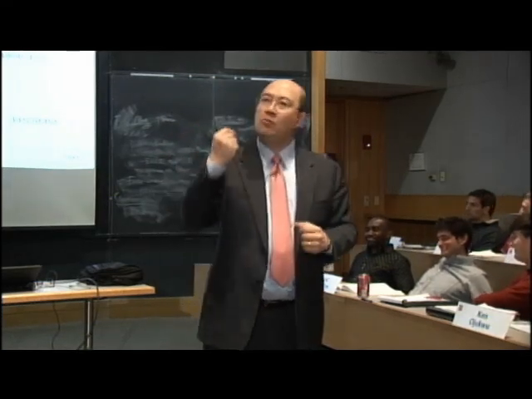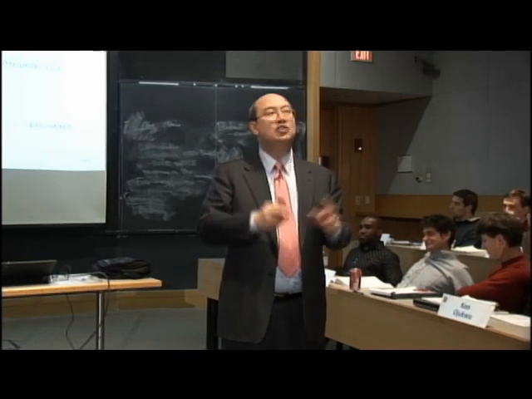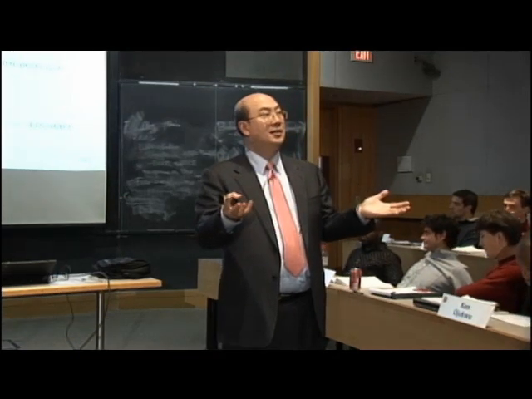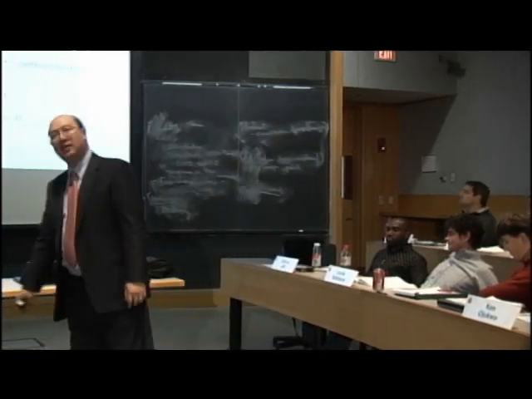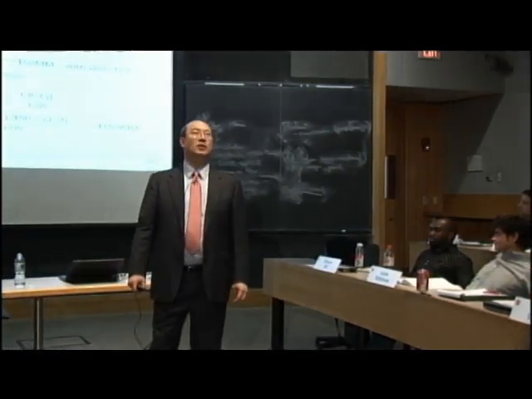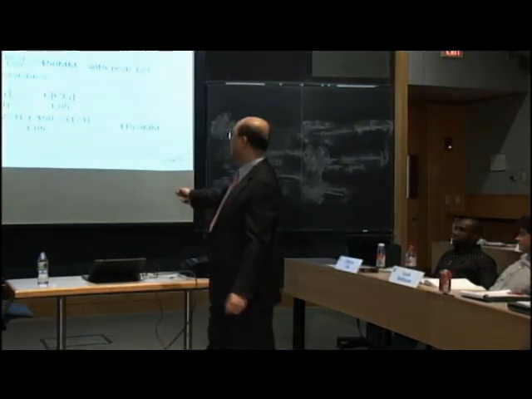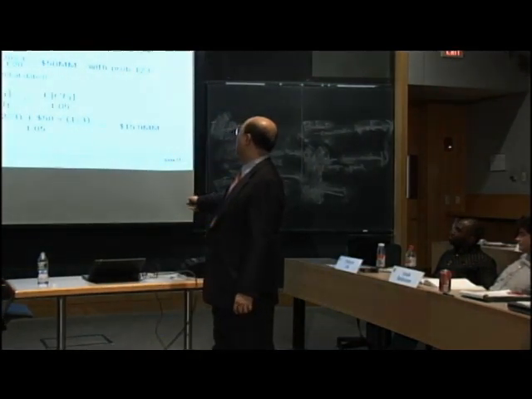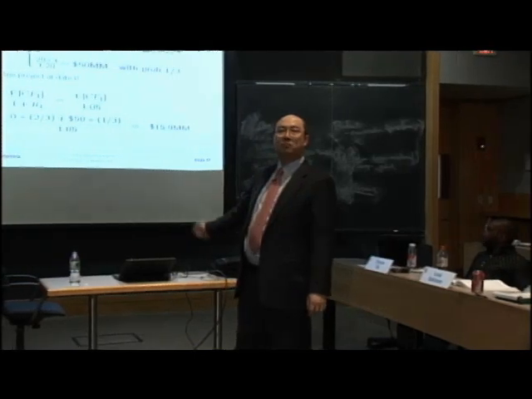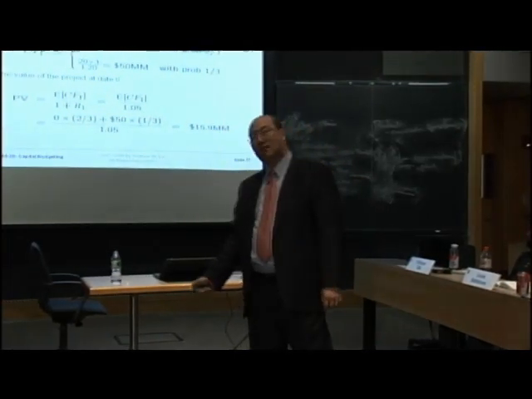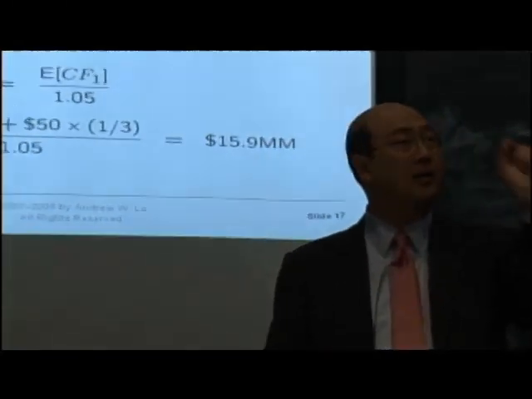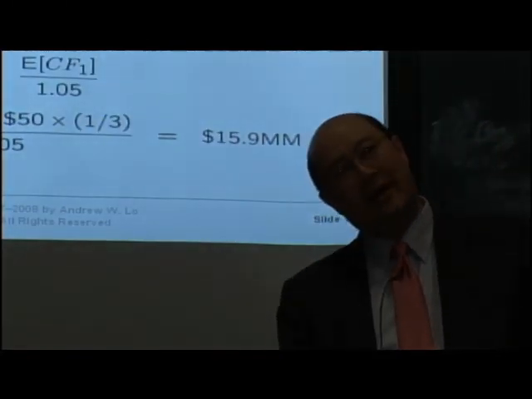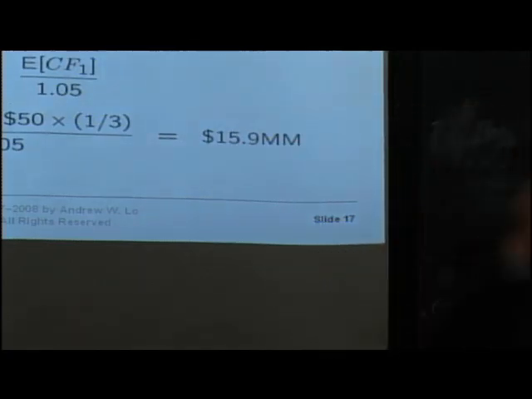So your risk of not striking oil has no bearing on the market. If you are well diversified, then that risk is not something that you're going to get rewarded for. And therefore, you need to discount it at the risk-free rate. So in fact, the NPV of this project is $15.9 million, which is a lot bigger number than if you were to discount it by 20% both years.